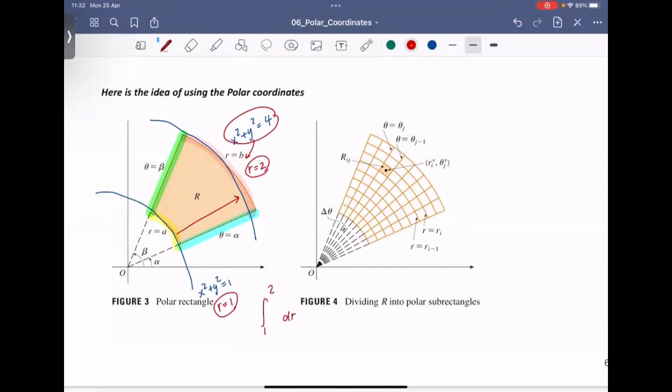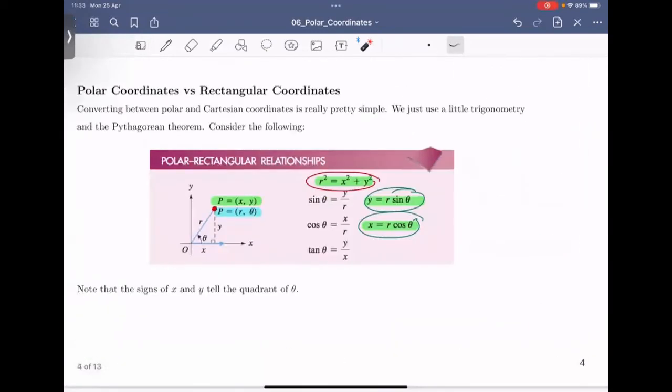But the point here is that I want to emphasize: first of all, learn polar coordinates, and then try to think about how you convert x and y to r and theta. The key point is this thing. If you use this one, it always works.